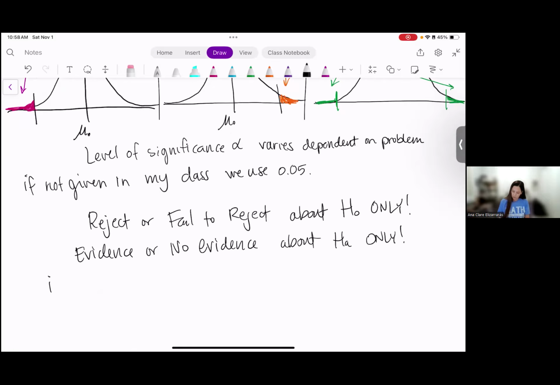So if your probability is small compared to your alpha, so if your probability is small compared to whatever our level of significance is going to be, then we reject the null and have evidence for the alternative. If the p-value is not small, then we don't have evidence, so we're not going to reject the null.